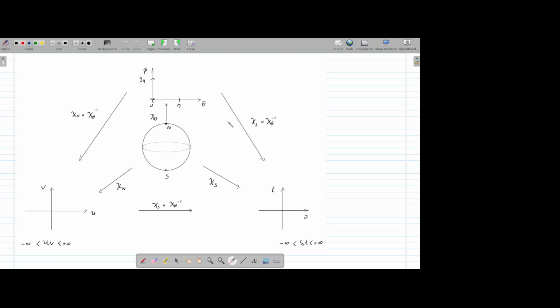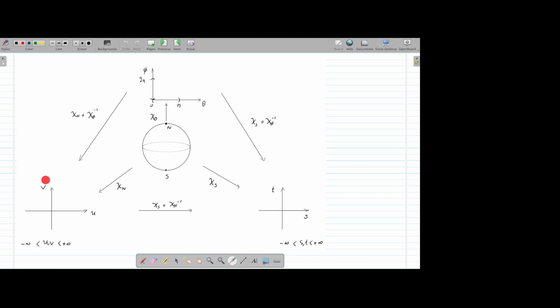So let's look at the picture that we have constructed with those three charts. We have theta and phi coordinates originating from the spherical coordinates that we use in R3.